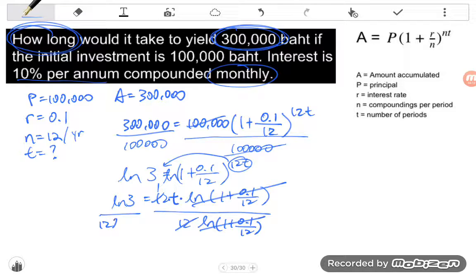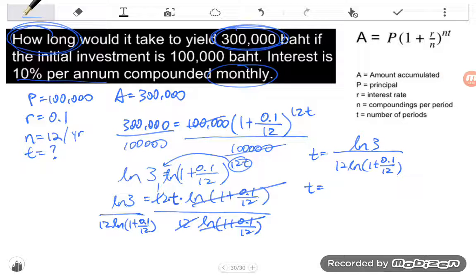I'm just repeating the steps on the left hand side. So my T is equal to, let me just write that better, ln 3 over 12 ln of 1 plus 0.1 over 12. That's it. And put that in my calculator.